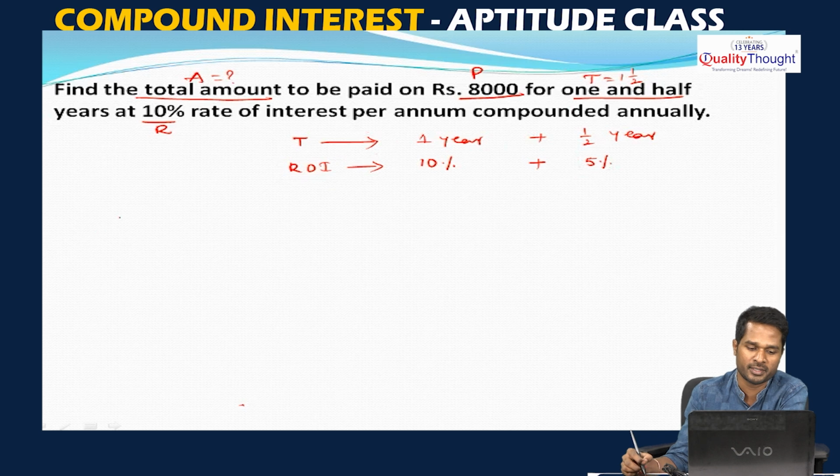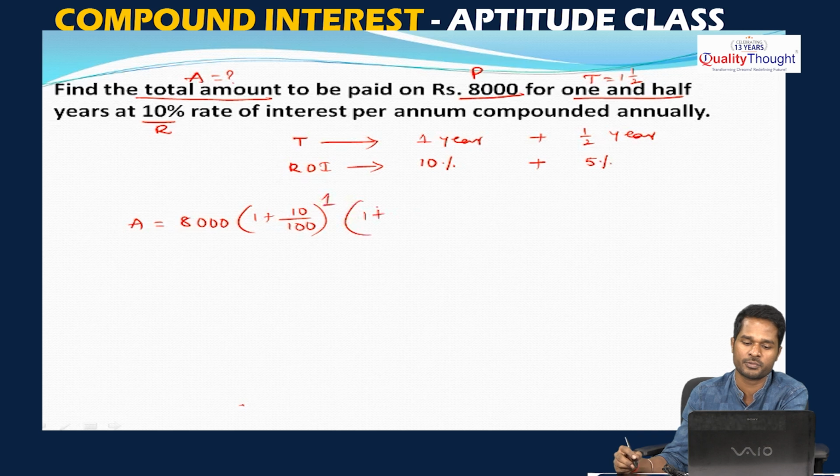Now we need to find the total amount. So the total amount is 8000, and on this 8000 the rate of interest for 1 year is 10% by 100. There is only one first year, so T1 value is 1, into 1 plus the rate of interest for the remaining half year, 5% by 100.